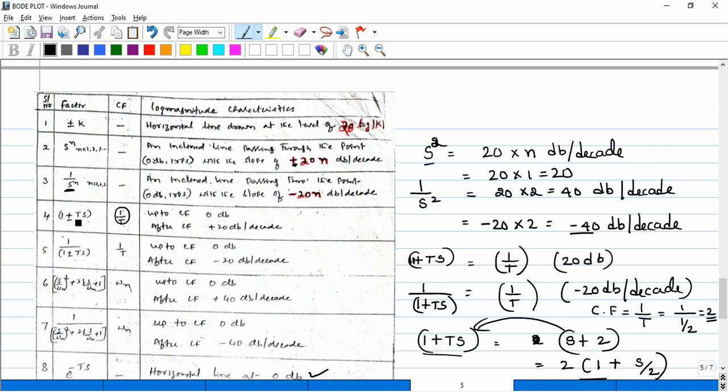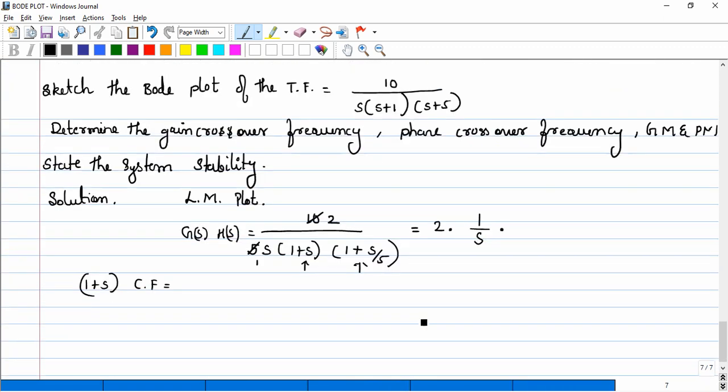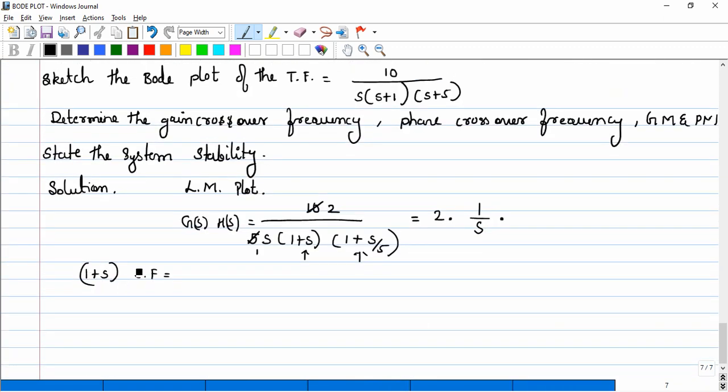If it is 1 plus or minus ts, or 1 by 1 plus or minus ts, then 1 by t will be the corner frequency. So here, for 1 by 1 plus s, it doesn't make any difference, because for both it is 1 by t.